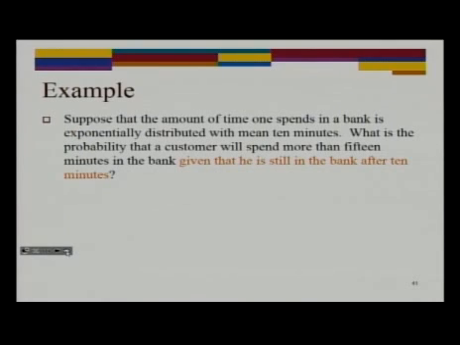So how do you answer this question? The desired probability would be like this. The probability that a customer who has spent 10 minutes in the bank will have to spend at least 5 more minutes. So you're going to calculate the 5 minutes.